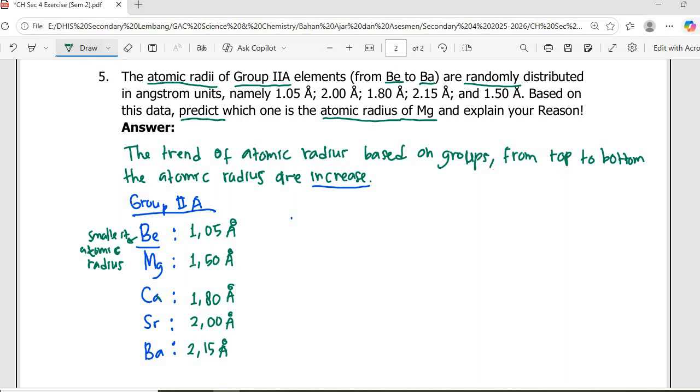From this order we can conclude that magnesium has 1.5 angstrom in atomic radius. This is the answer. The biggest is barium, with the biggest atomic radius.